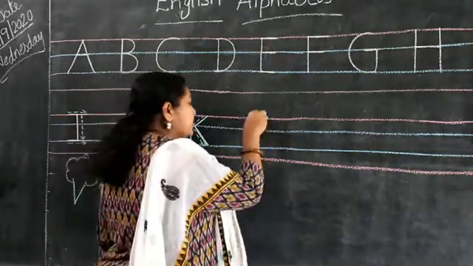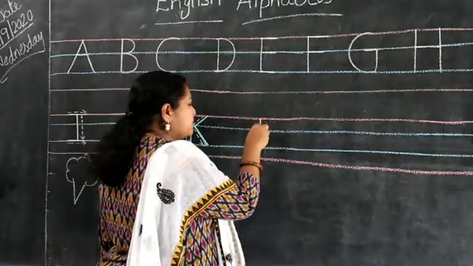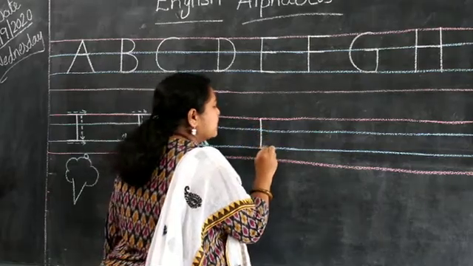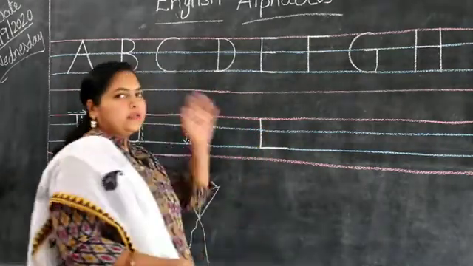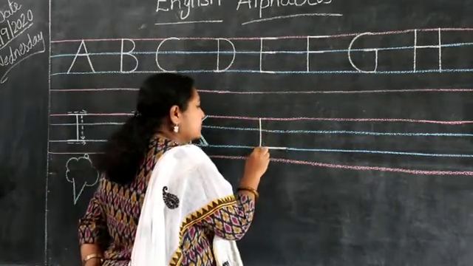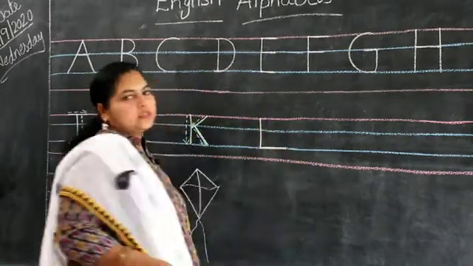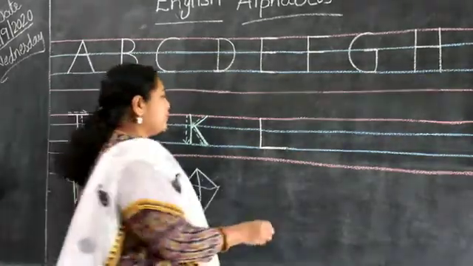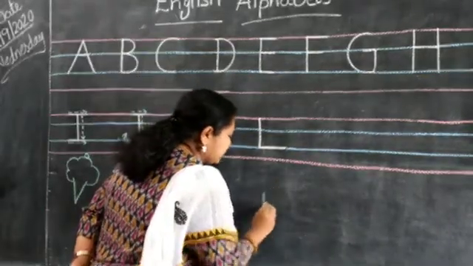So this is your standing line from red, blue and blue, and a sleeping line on the blue line. It's L. Standing line from red to blue and a sleeping line on the blue is L. L is for lamp.